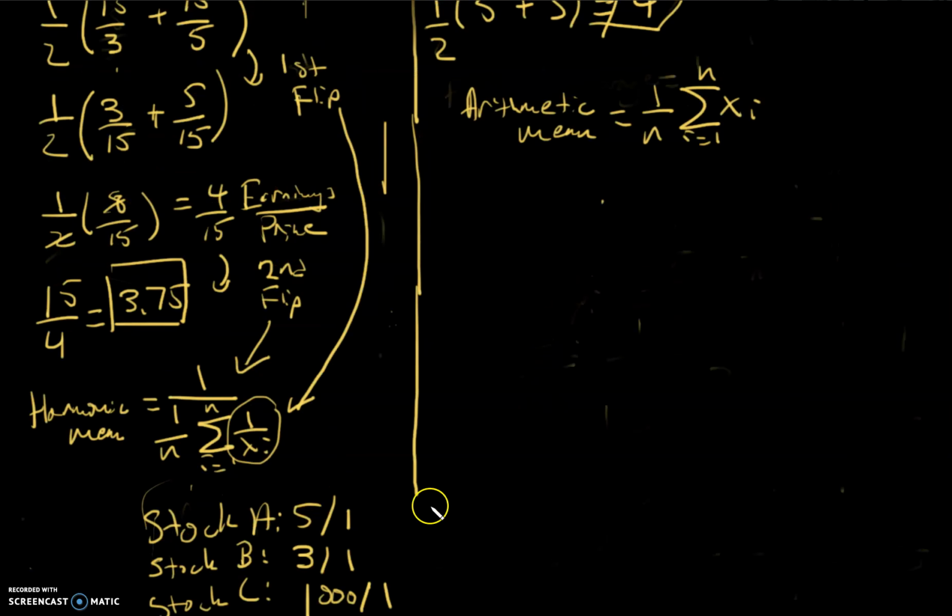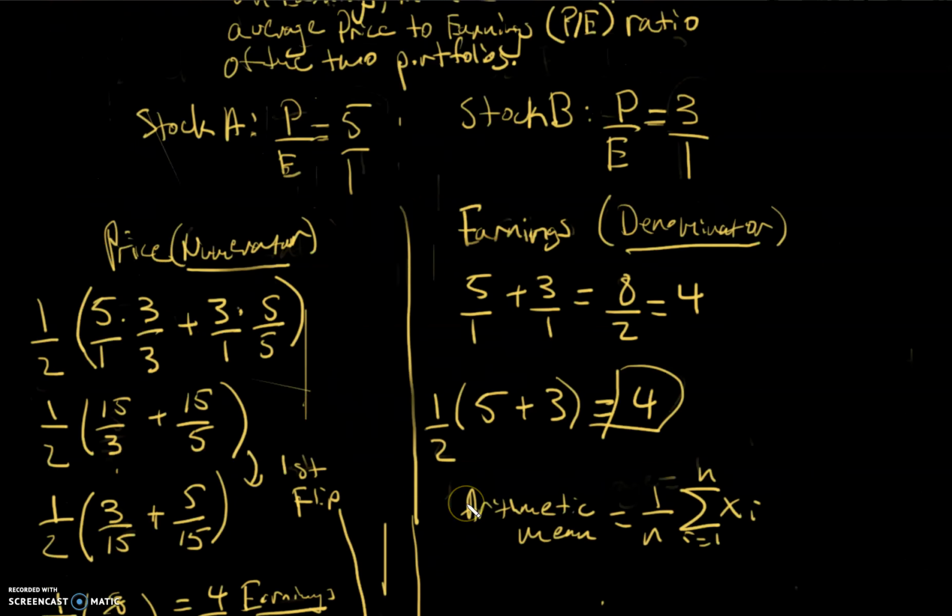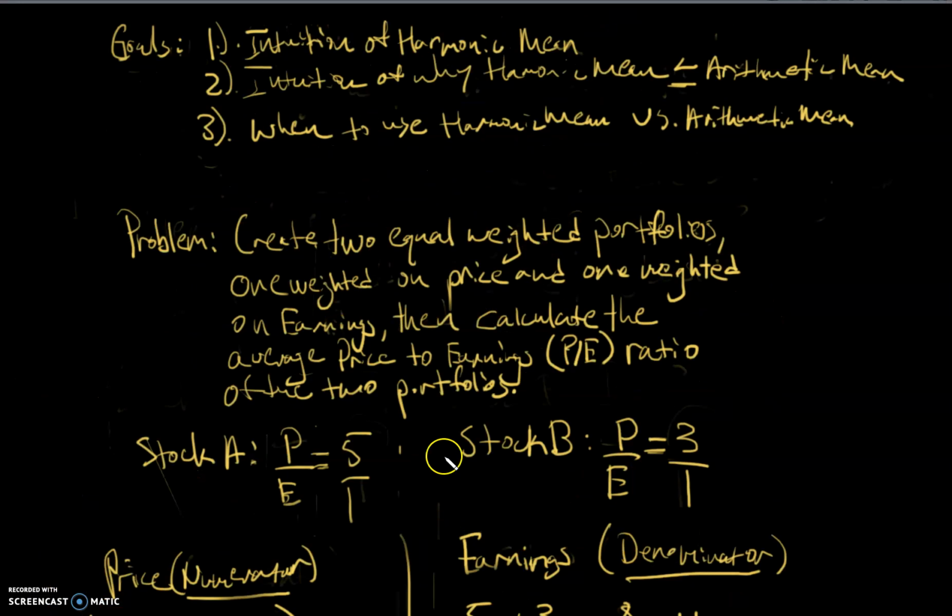Whereas if you calculate the arithmetic mean of these three values, the 1,000 divided by 1 will have an unusually large impact on the overall arithmetic mean. And that actually leads us nicely to the final question. Oh, and so that's why the harmonic mean is less than the arithmetic mean.